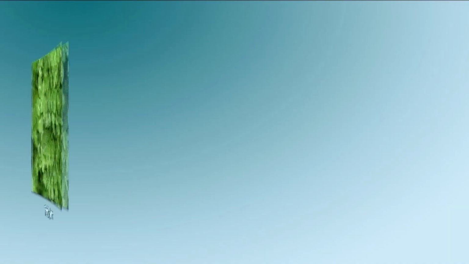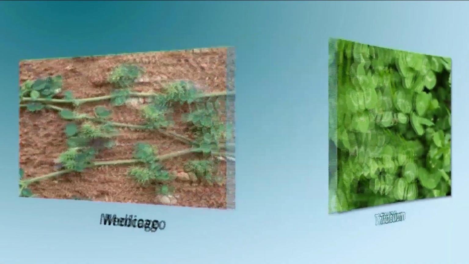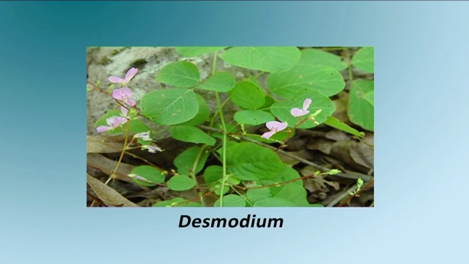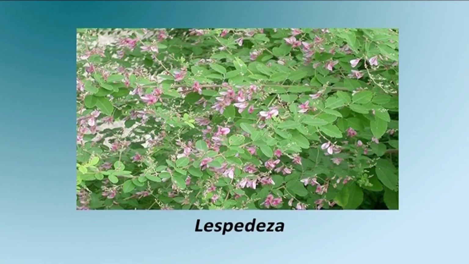Species of this family used as fodder and green manure include Trifolium, Medicago, Vicia, Lupinus, Desmodium and Lespedeza.